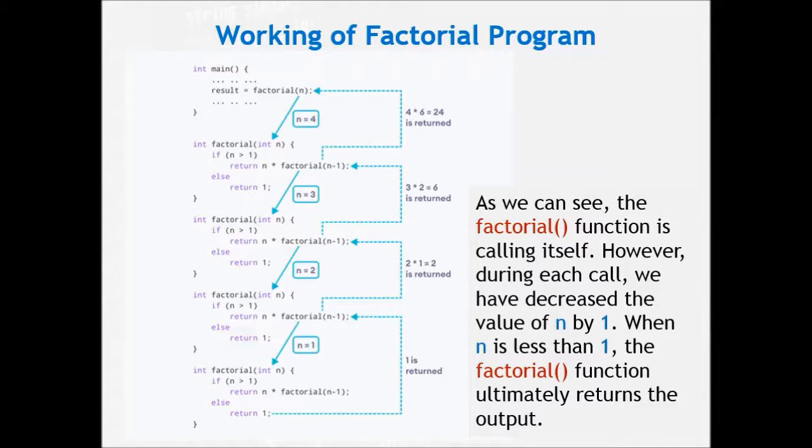So when it first calls itself, we have a value 4 multiplied by factorial 3. When it calls the second time, n is equal to 3, and so it is 4 multiplied by factorial 3 multiplied by factorial 2, and then the third time it calls 2 multiplied by factorial 1, and then the last time 1 multiplied by factorial 0.